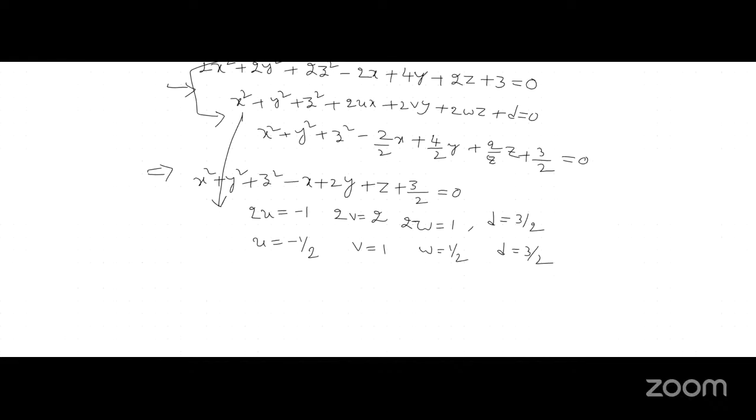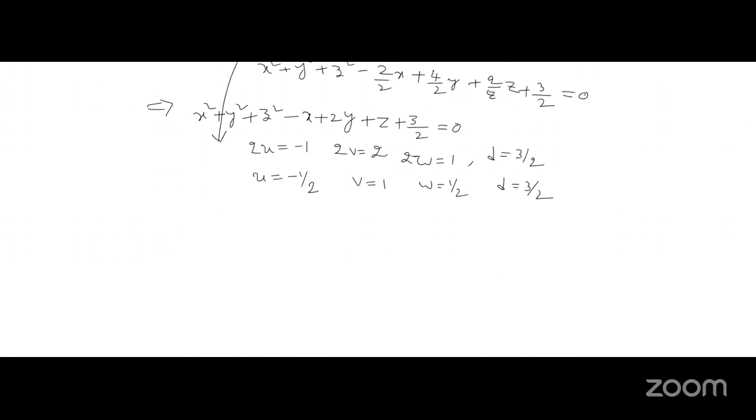Then the center of the sphere is minus u, minus v, minus w. So that becomes 1 by 2, minus 1, minus 1 by 2.